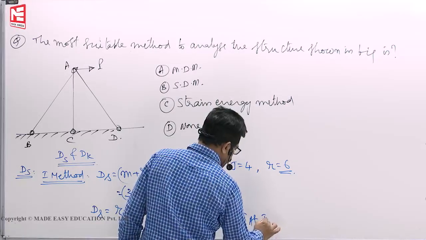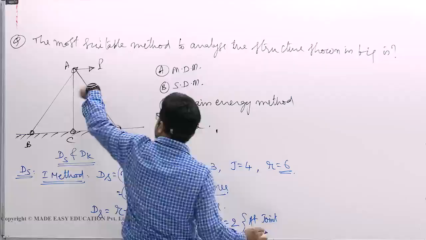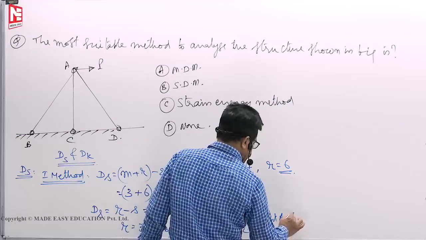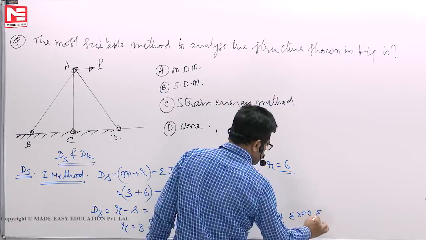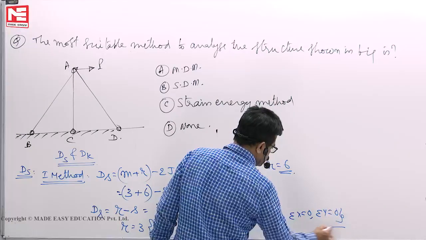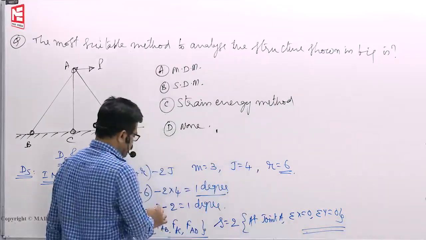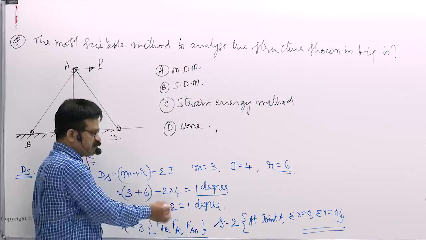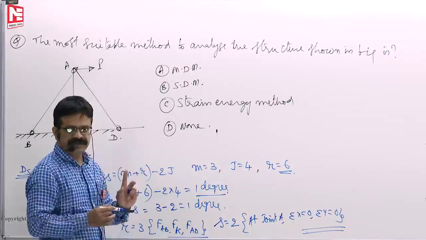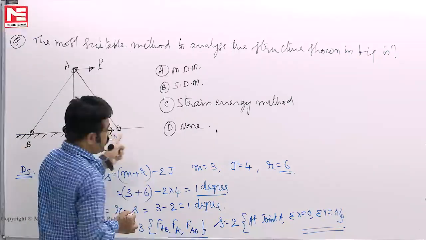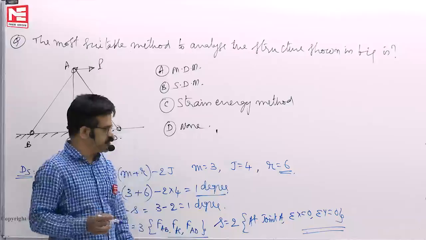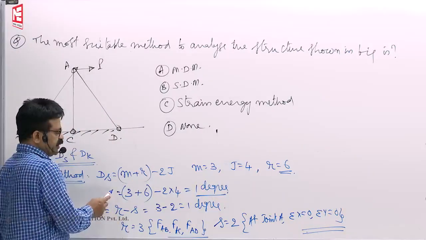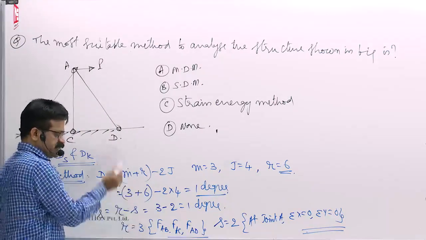At joint A, because only three members you are taking, we have sigma x equals 0, sigma y equals 0. So, at joint A, three unknowns are there, two equations of equilibrium. So, one unknown extra. All other reactions you can find if you know the member forces. In the exam, whatever idea you get, either this way or this way you can find.